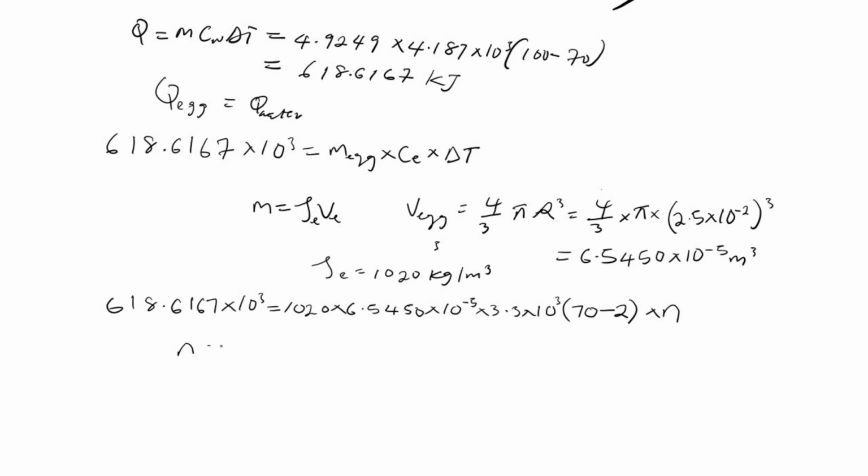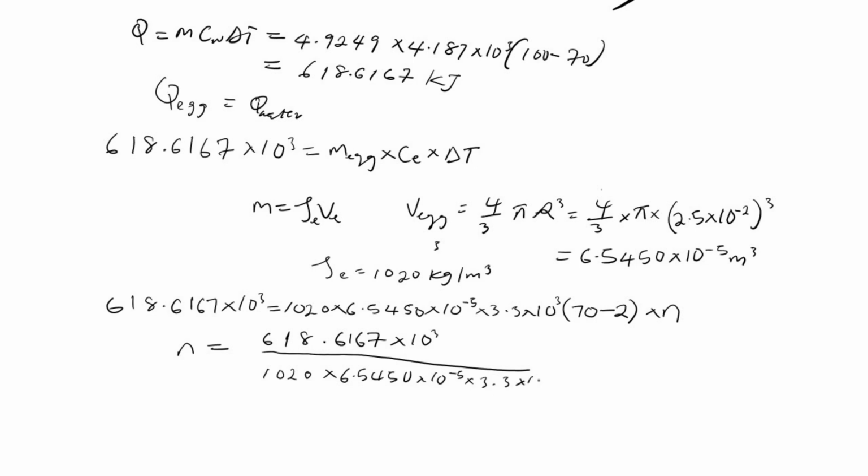So n is now equal to 618.6167 times 10 raised to the power of 3 all over 1020 times 6.5450 times 10 raised to the power of -5 multiplied by 3.3 times 10 raised to the power of 3 into 70 minus 2.